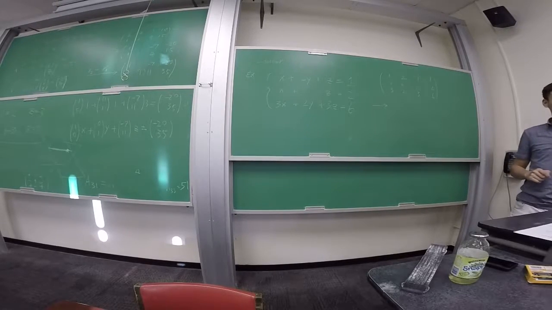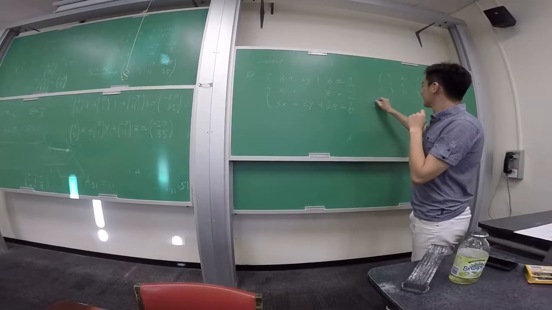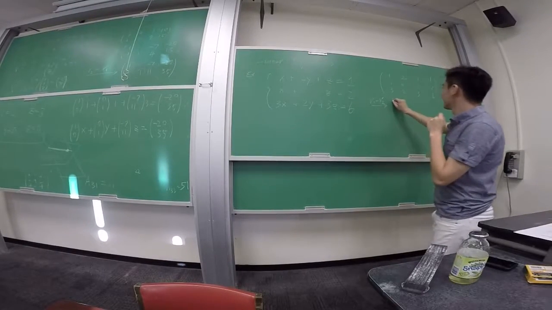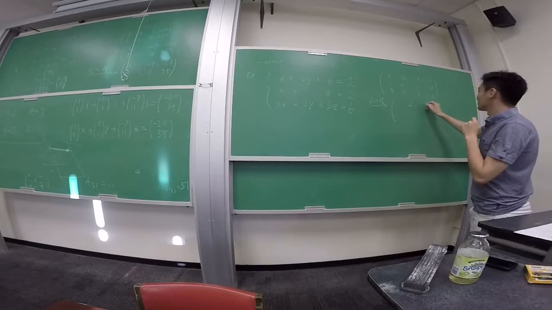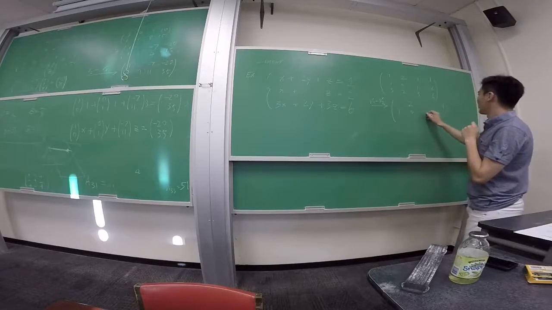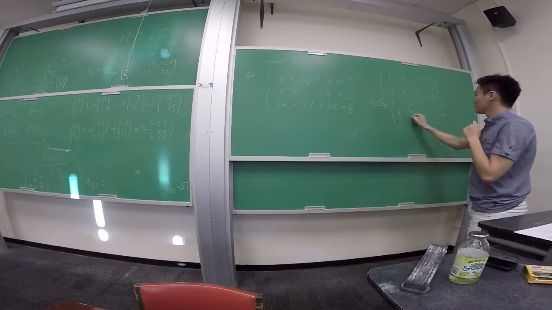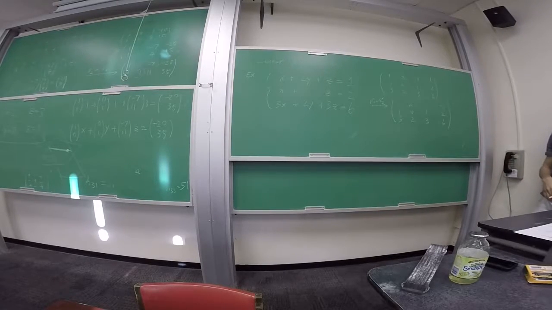Which row? First minus second. Okay, first row minus second row. You get 0, 2, 0, minus 1; 1, 0, 1, 2; and 3, 2, 3, 6. Okay, what is next?